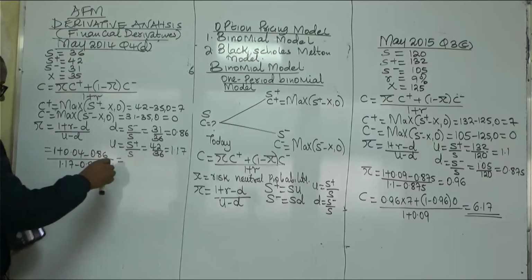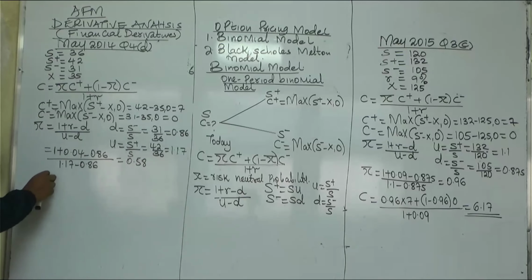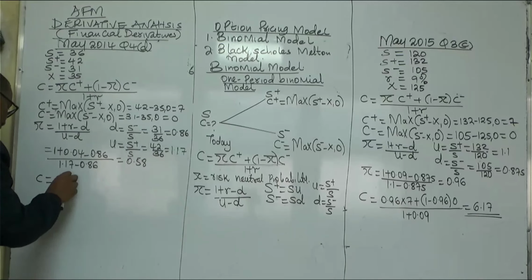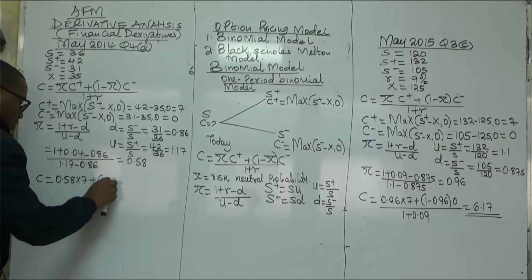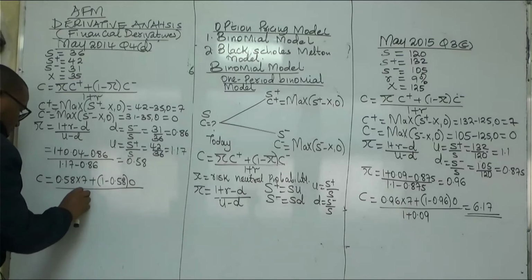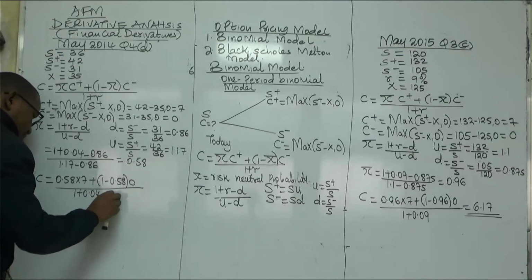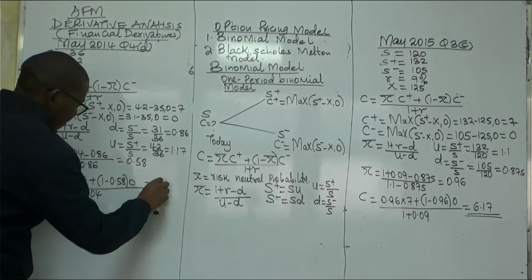So this is 0.58. Therefore, the value of our call today will be given by 0.58 times 7, plus 1 minus 0.58 times 0, divided by 1 plus 0.04, to be equal to how much? 3.9.